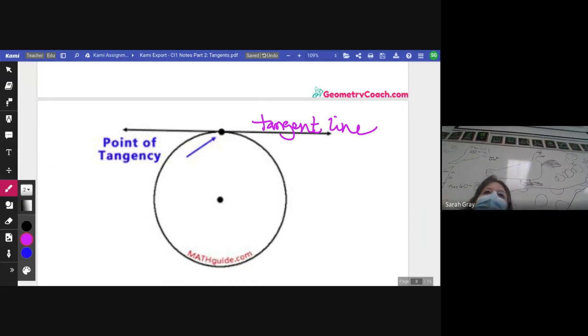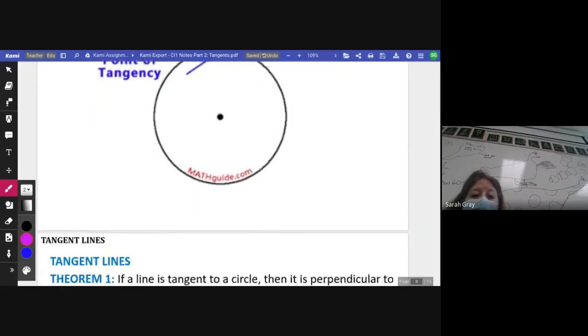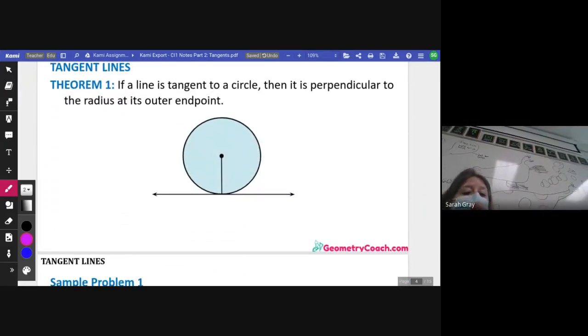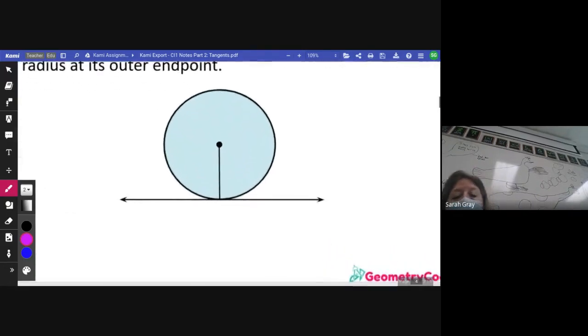All right, tangent lines have some special relationships with other things going on in the circle. First of all, if a line is tangent, then it is perpendicular to the radius that meets at that same point.